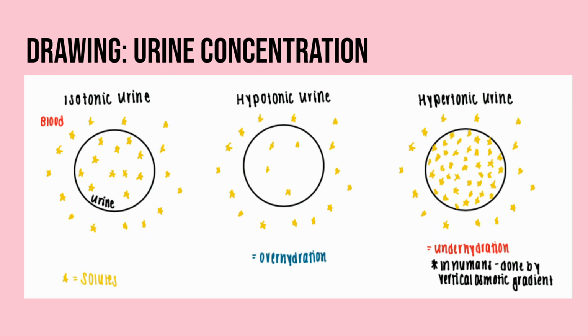So this is a visual that I drew to help you put hypertonic, hypotonic into context. So hypotonic urine is when you're overhydrated. Inside the circle is the urine, as if you're looking at a cross section of the nephron. So this is the filtrate or the urine, and then outside is the blood.